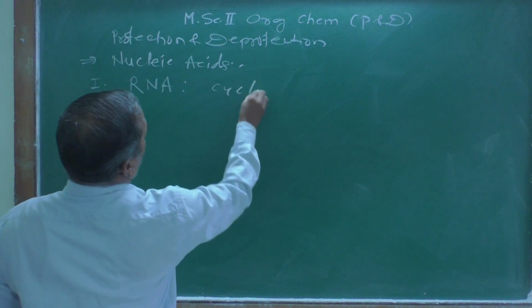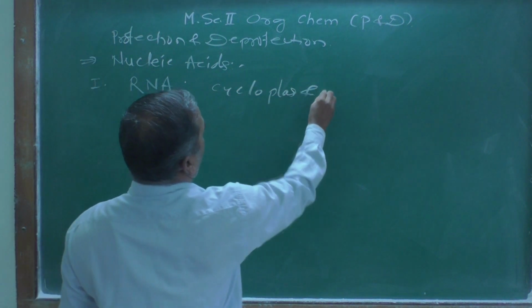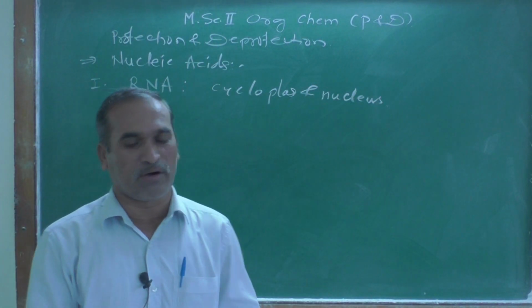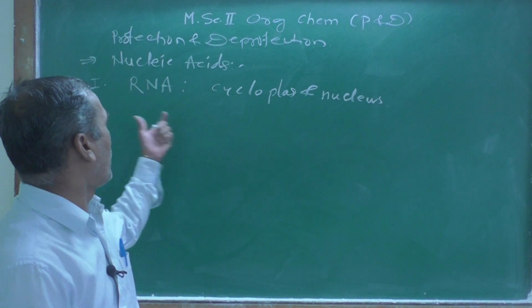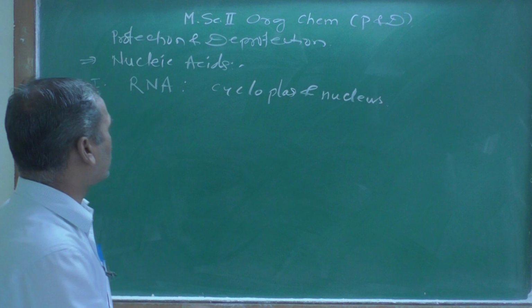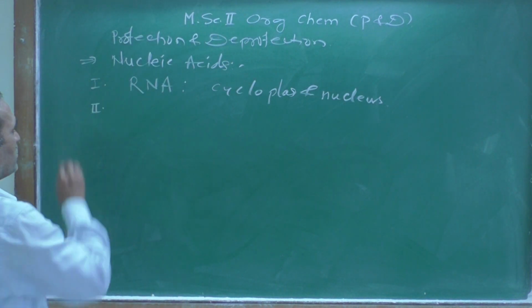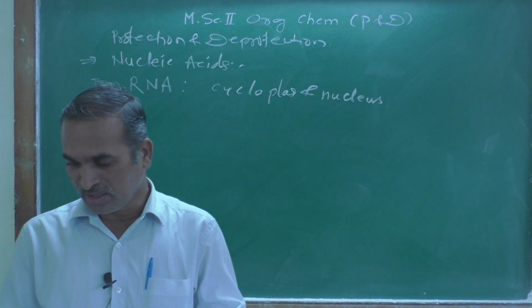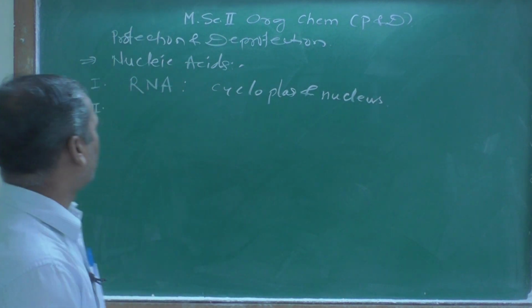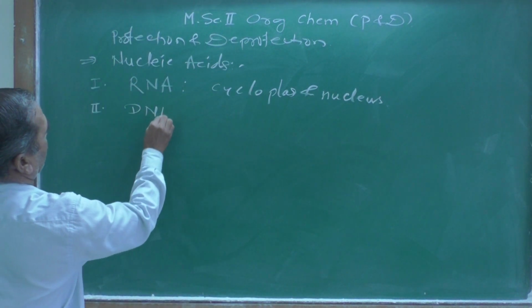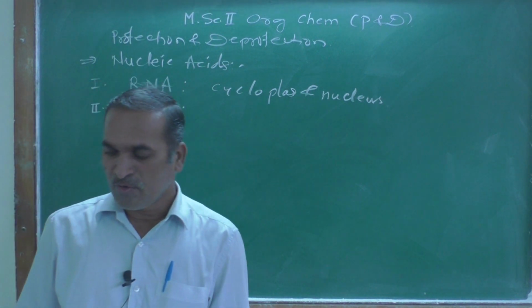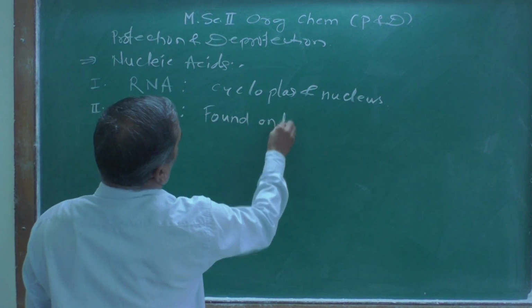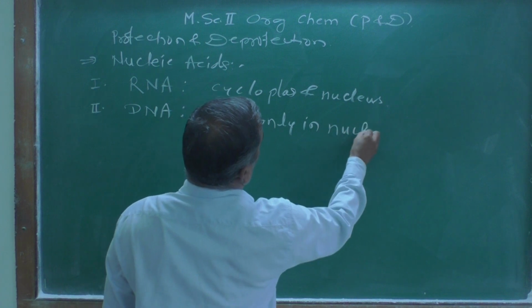The second type of nucleic acid, which you are already familiar with, is DNA, and that DNA is found only in the nucleus.